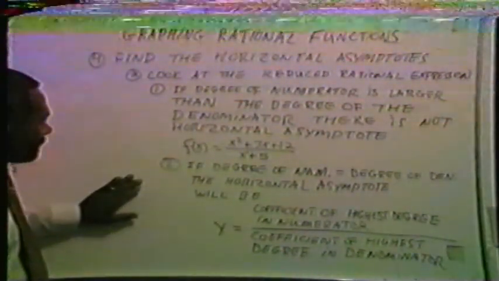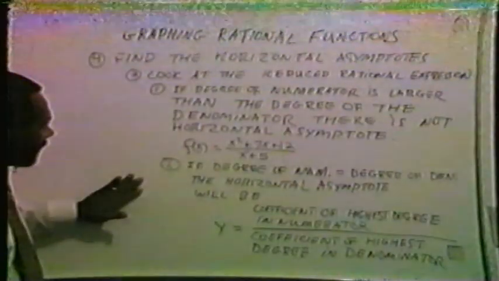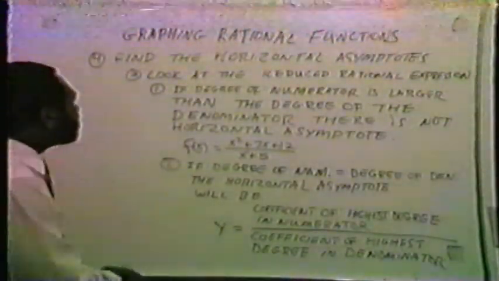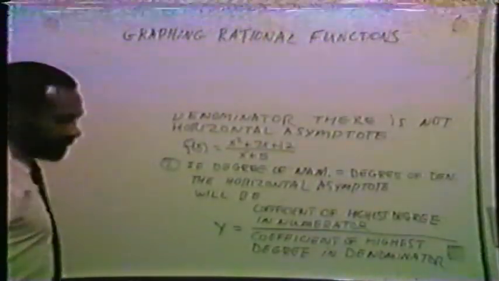Okay, that is the case where the degree of the numerator equals the degree of the denominator. An example of this case, and then we'll look at what happens when the degree of the numerator is smaller than the degree of the denominator.